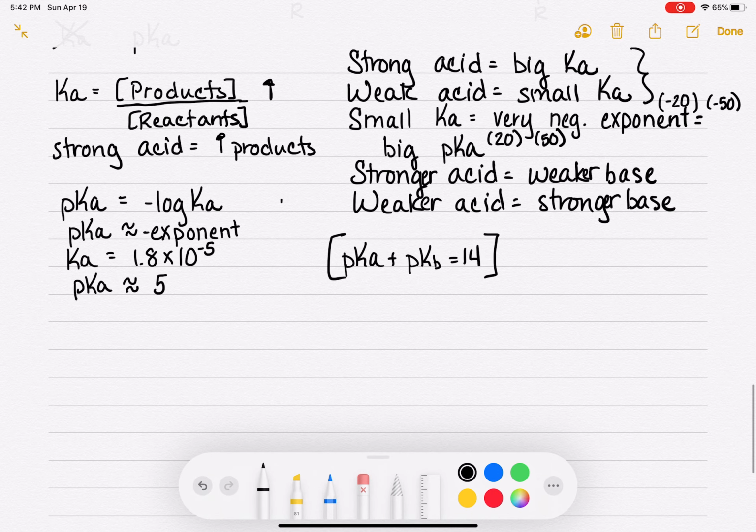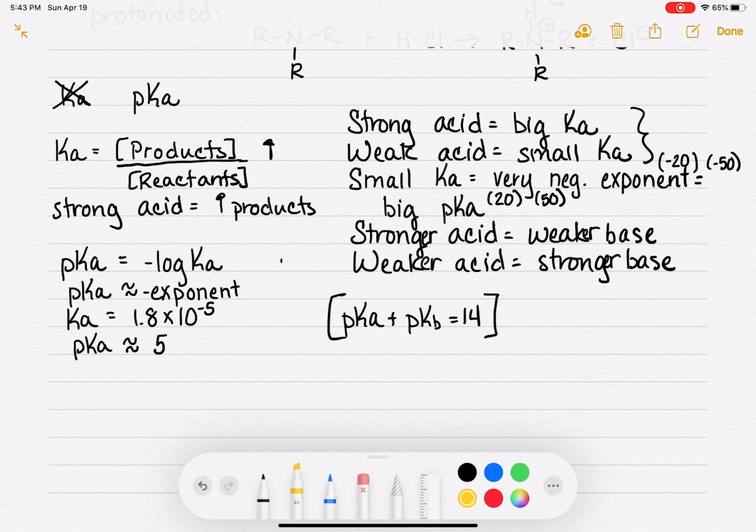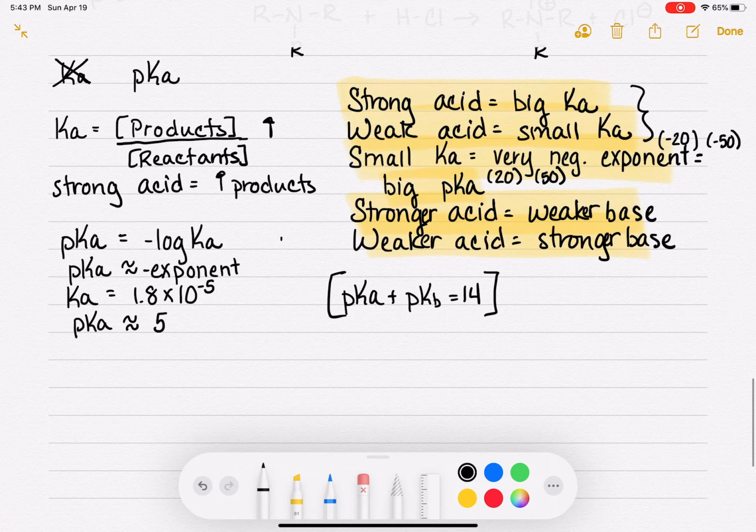So putting all of these different facts and truths that you know from 163 together, if we're ranking and we see a molecule that has a high pKa value, that means that it has a small Ka.